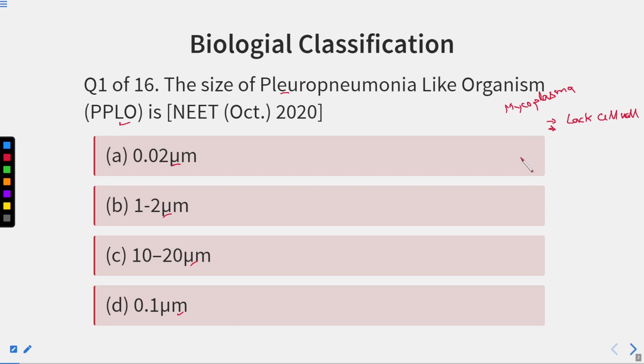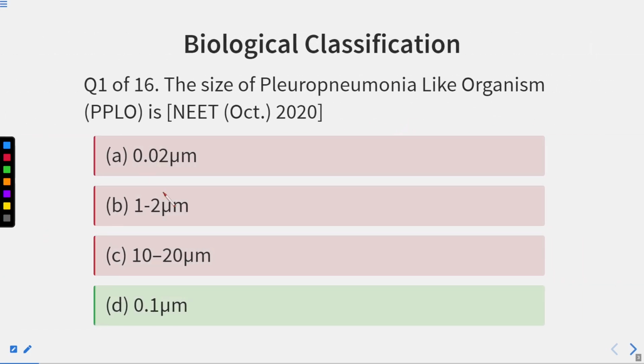Pleura is a double membrane consisting of 2 layers, present around the lungs, and the pleural fluid is present between the 2 layers. This organism, PPLO, is present in the pleural fluid of the pleura membrane. So option D is the correct answer here, 0.1 micrometer.